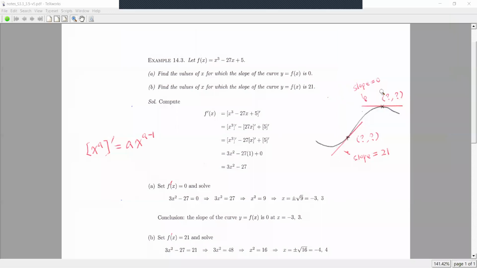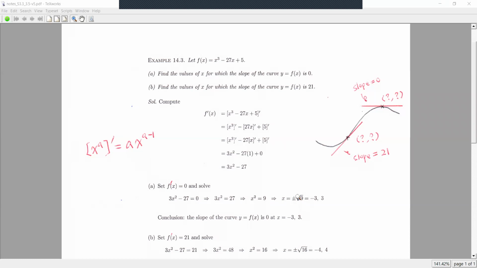Now, to find the x-coordinate of this point, set the derivative of the function to 0 and solve this equation. Move 27 to the right side, divide this equation by 3, then we have this equation. Take square root on both sides.